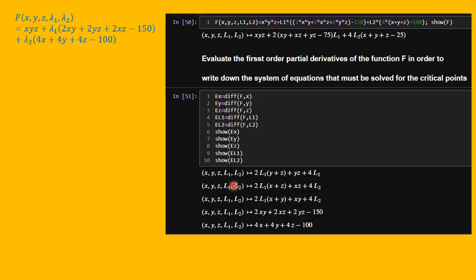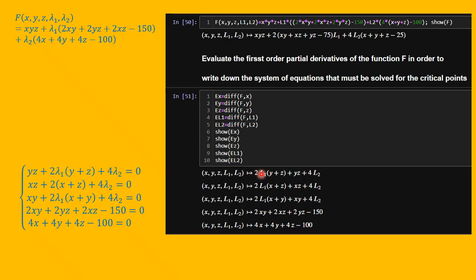It takes this tuple of 5 parameters and returns this as the output. Similarly, the derivatives of F with respect to z, L1, L2 are down here. And if you want to, you can go back just a little bit to the previous slide and check. These are what we got by our hand computation earlier.